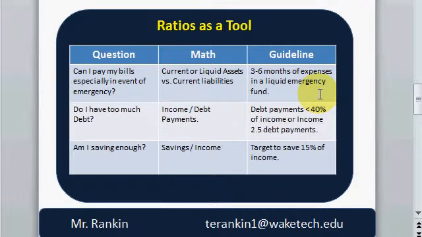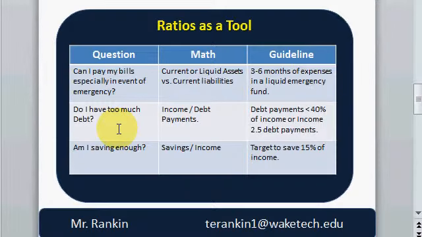The guideline is most experts would say you need to have 3 to 6 months of expenses in liquid assets, such as a savings account, something where you can get at the money, to make sure that in the event of an emergency, you can continue to pay your bills.